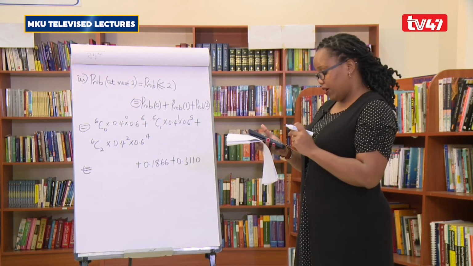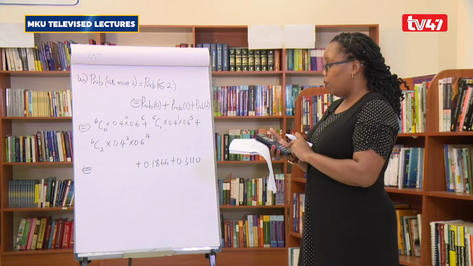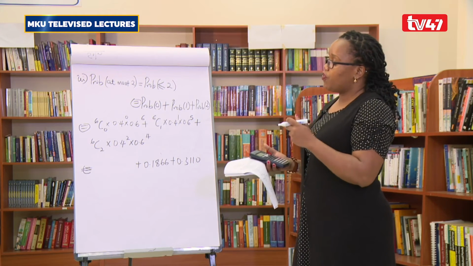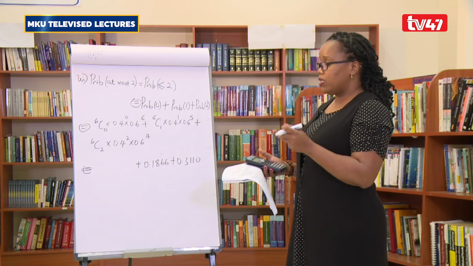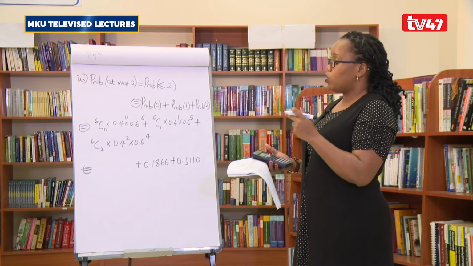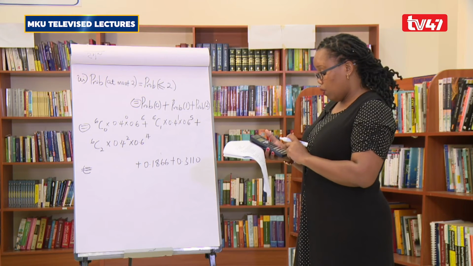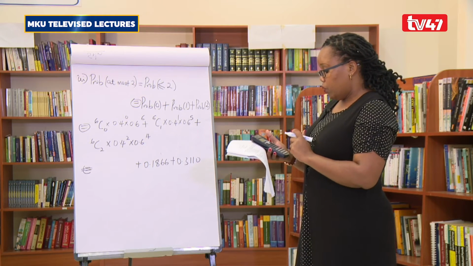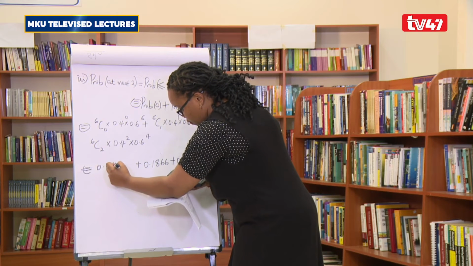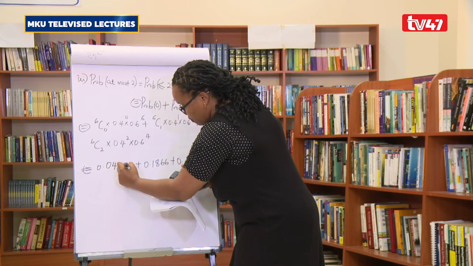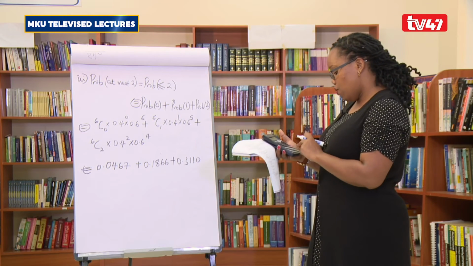So I need to calculate the probability of 0 people infected. So this is 6 combination 0 multiplied by 0.4 raised to power 0. Any value raised to power 0 is the same as 1. Then multiplied by 0.6 raised to power 6, which gives me, in 4 decimal places, 0.0467. So 0.0467, I'll add to the others.